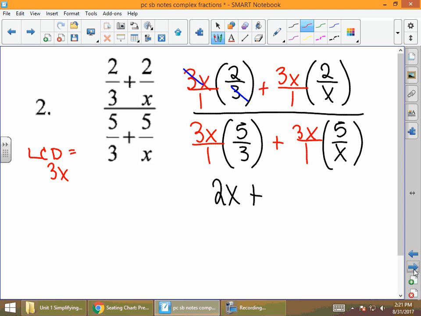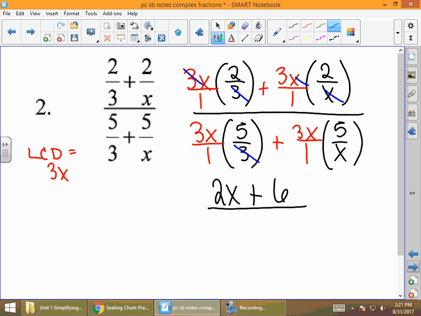3x times 2 over x. Do we have anything exactly the same on the top and the bottom? We have an x. And so what's left here is 3 times 2. And 3 times 2 is 6. Down here in the denominator, do we have anything exactly the same in the top and the bottom?